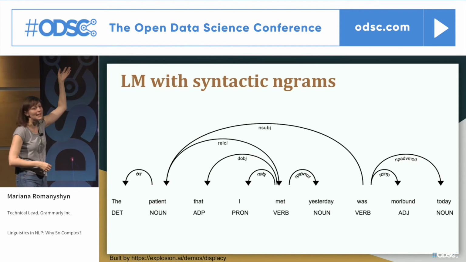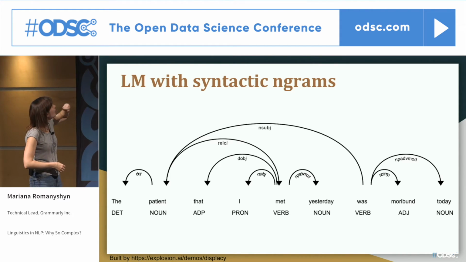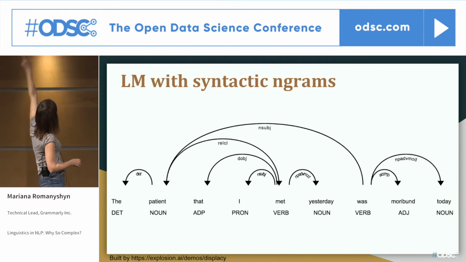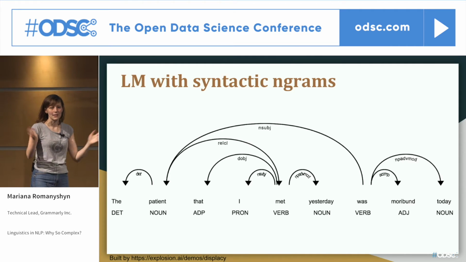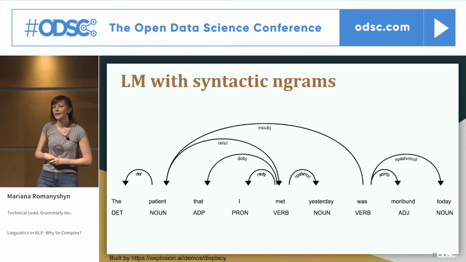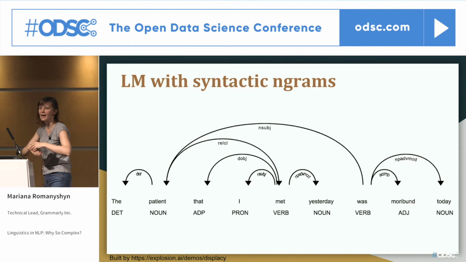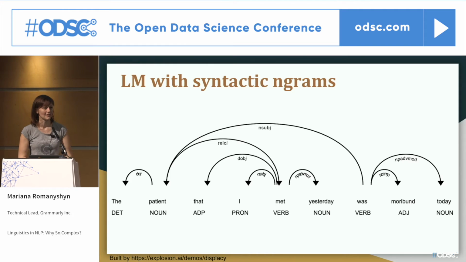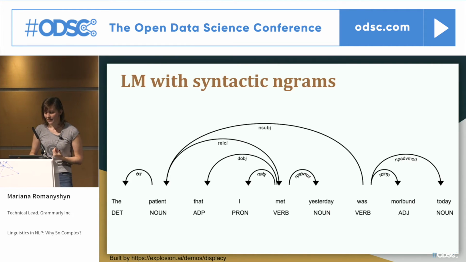So that's the main one, and it's actually a tree, a dependency tree. There's a link from was to moribund, and there's also a link from was to patient. And this gives us a bigram, okay? So this is a sequence of two arcs. Then you can collect such statistics, again, on a large corpus, and you can build a language model using dependencies now, not just word tokens. All right.